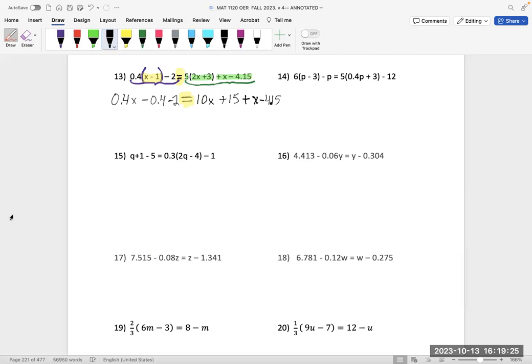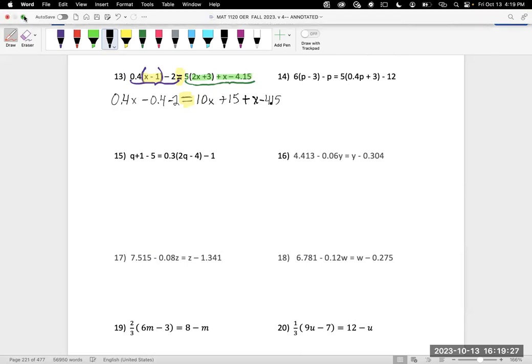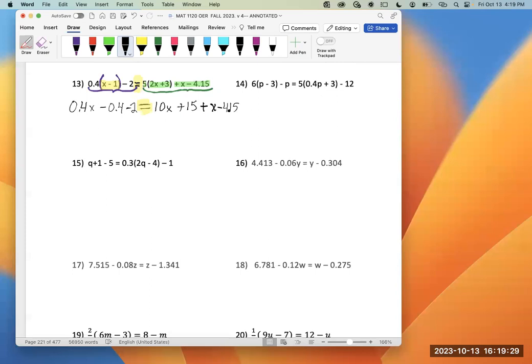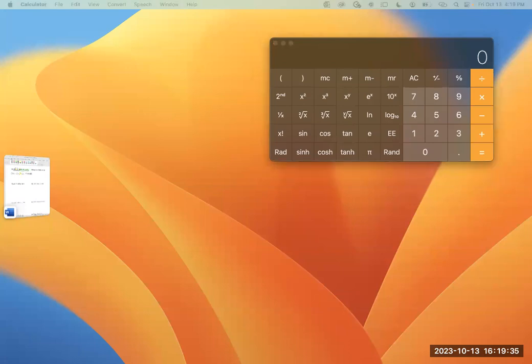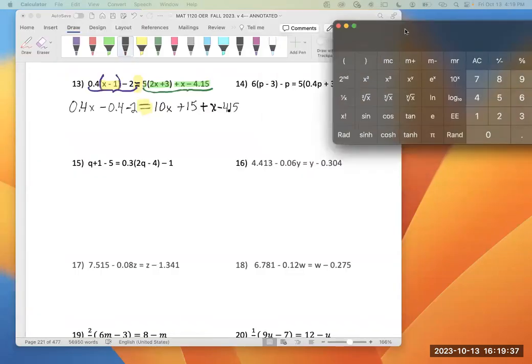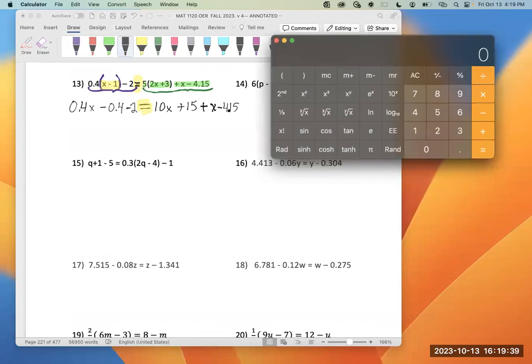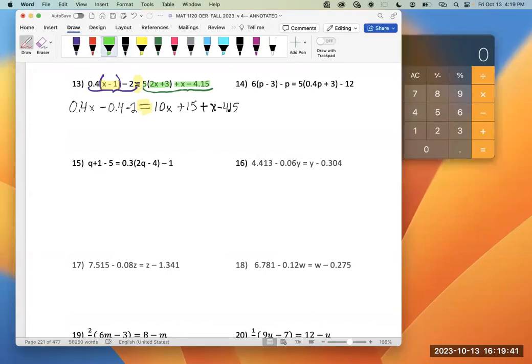And then honestly, I'm going to grab a calculator. So again, my goal is to get all of the values with x on one side of the equation and all of the numbers on the other.